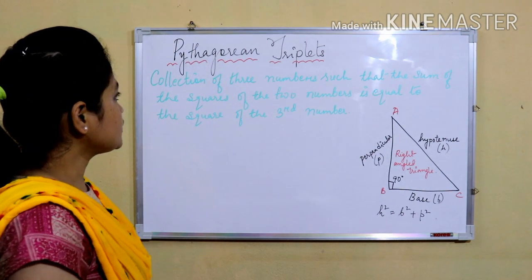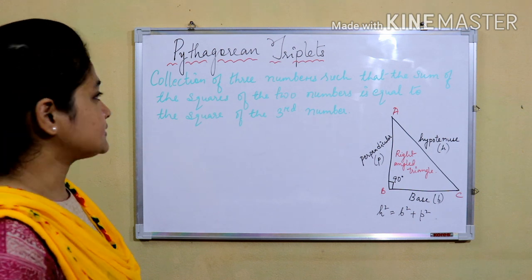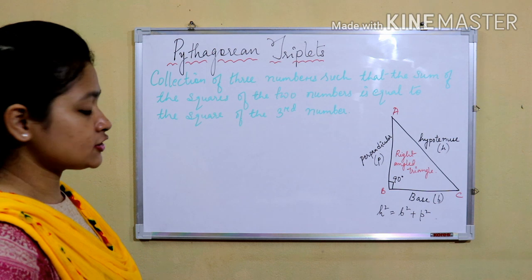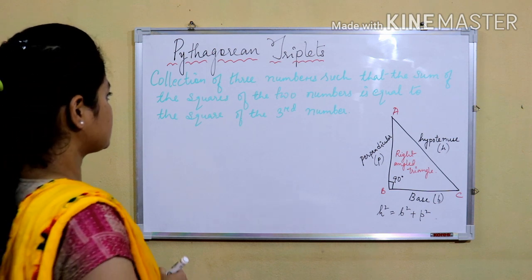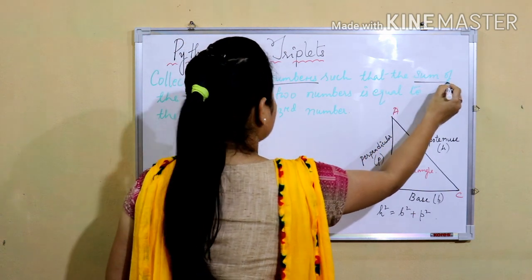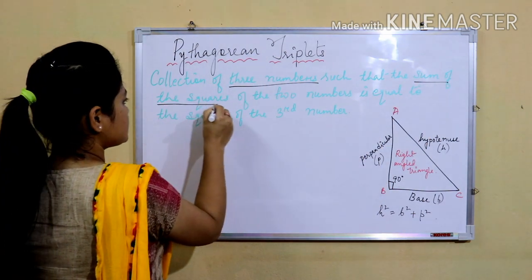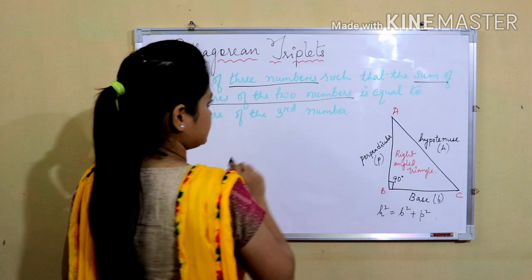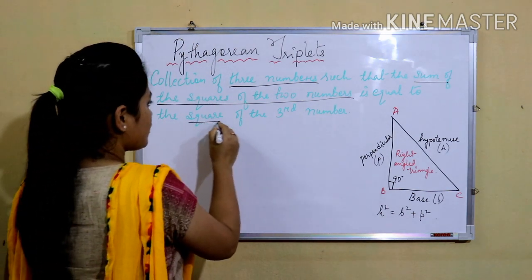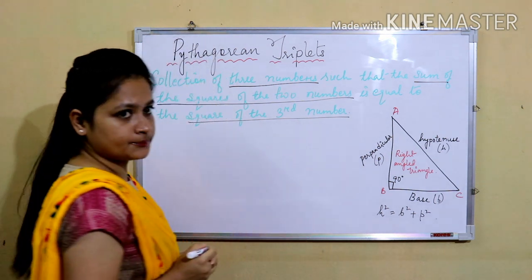So the definition of the Pythagorean triplets is this: it is a collection of three numbers such that the sum of the squares of the two numbers is equal to the square of the third number.